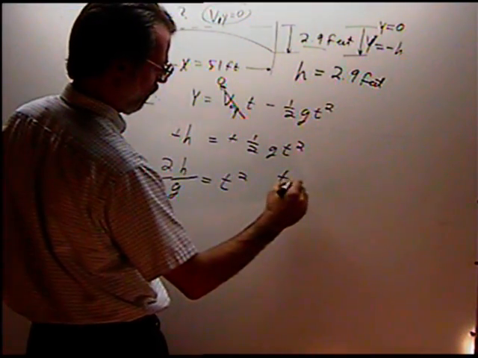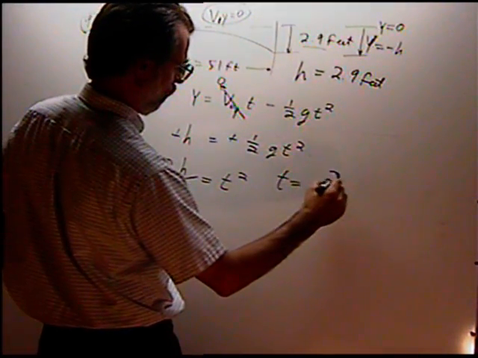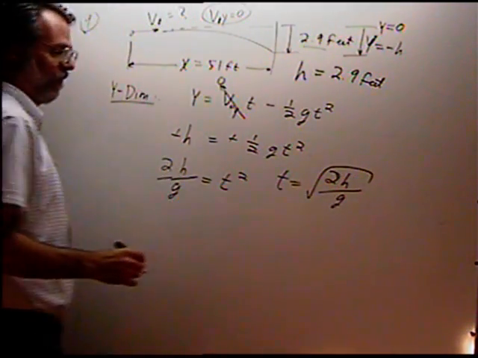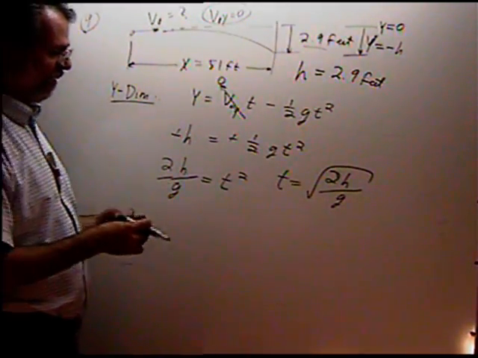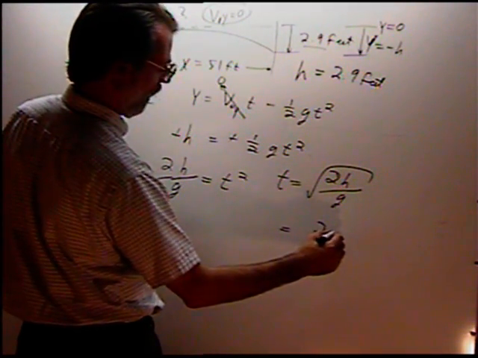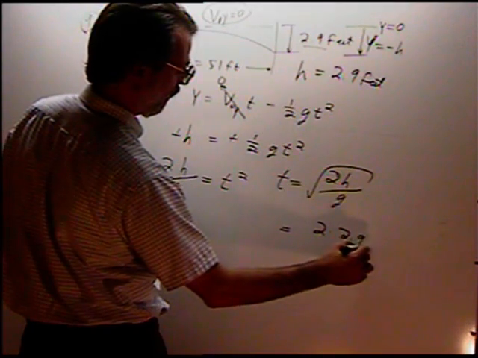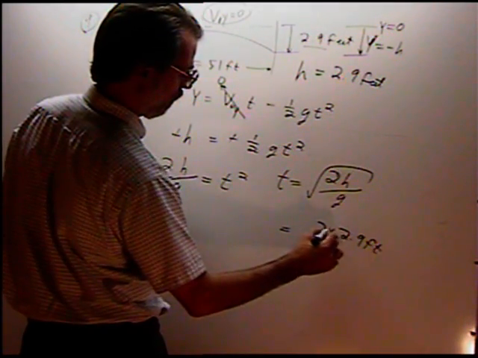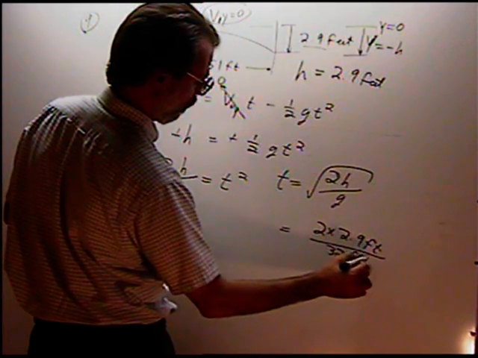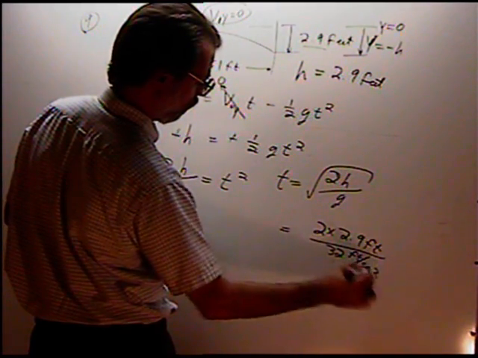So t equals the square root of 2h divided by g. We can solve for that, and we get 2 times h, which is 2.9 feet, divided by 32 feet per second squared.